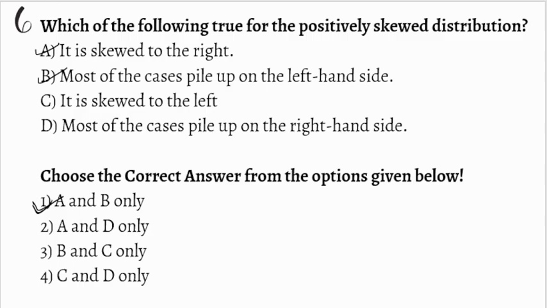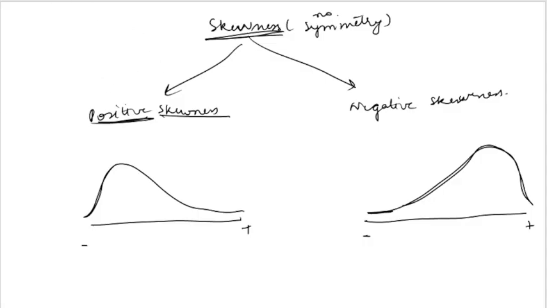Now, whenever there is skewness, the median will be taken as the central tendency because the mean gets compromised.